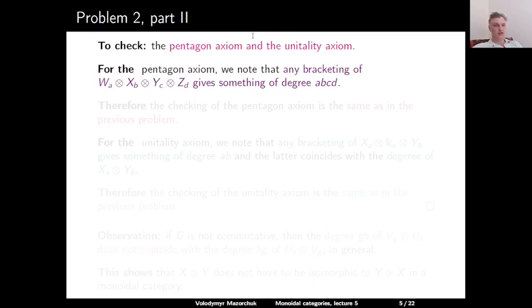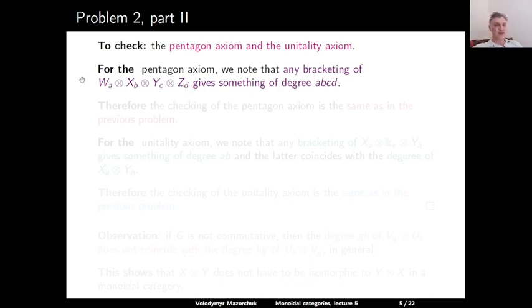If we take homogeneous elements and look at the Pentagon Axiom, then we have the tensor product of the homogeneous components W_A, X_B, Y_C, and Z_D. And we need to look at what happens if we change the bracketing and move around using the associators.